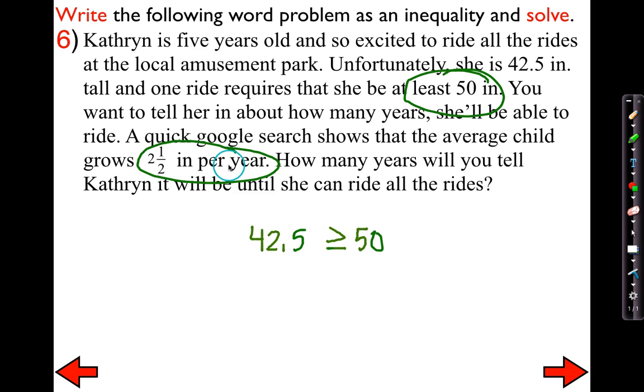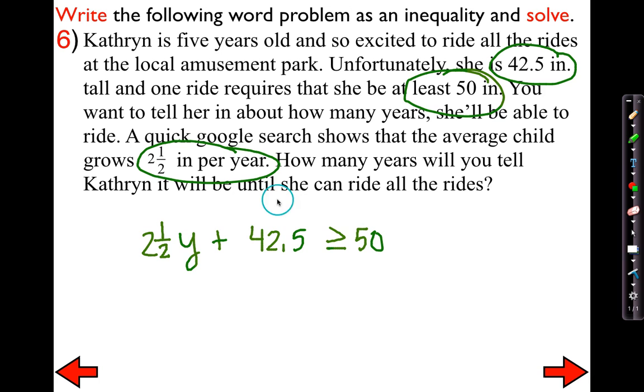That's going to be what we use for our variable. So it's going to be 2.5 for each year, so we multiply that by y, and then we add that to her original height right now. So this here was our constant, this here was our coefficient, because this is what's going to be changing the amount of height every single year.